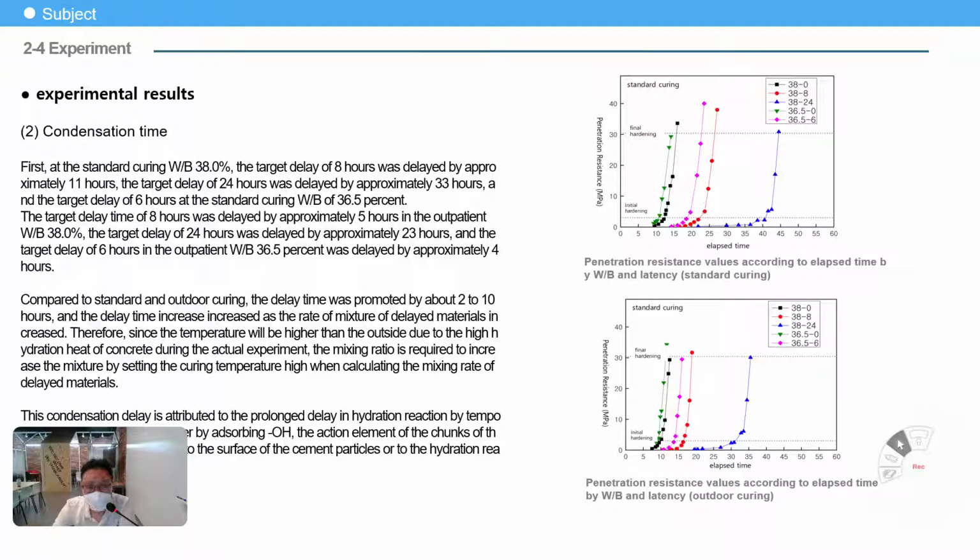Condensation time. This picture shows penetration resistance varies according to relative time by water binder and retardation. Standard curing and outdoor curing.